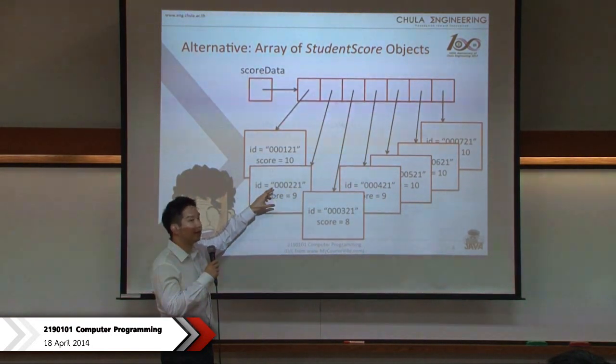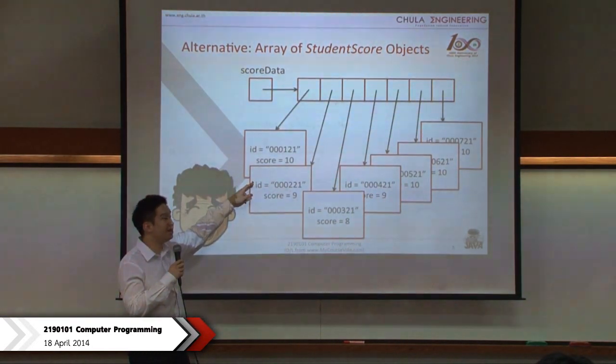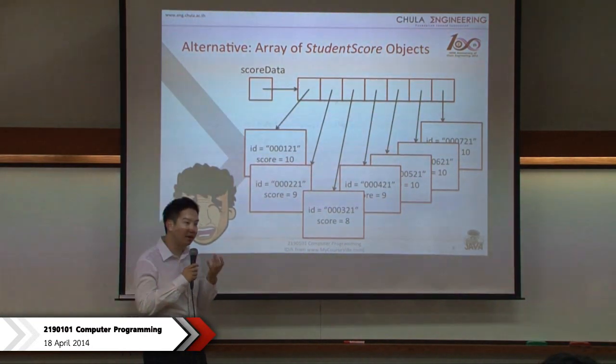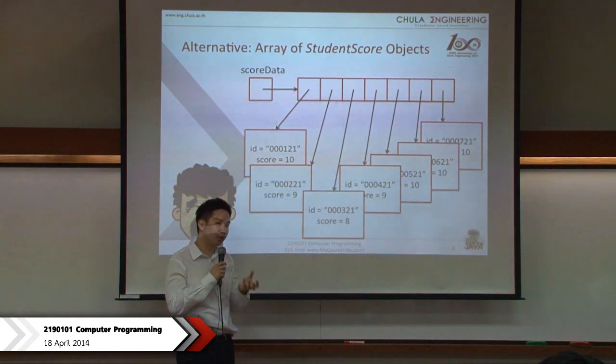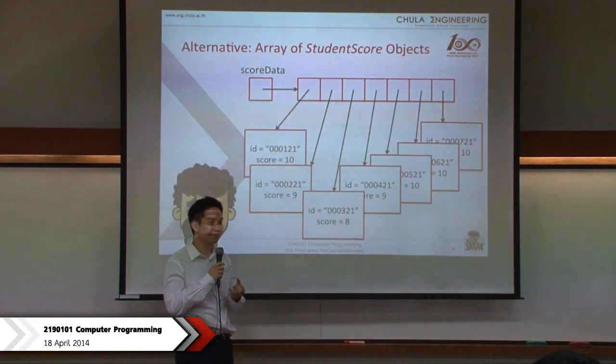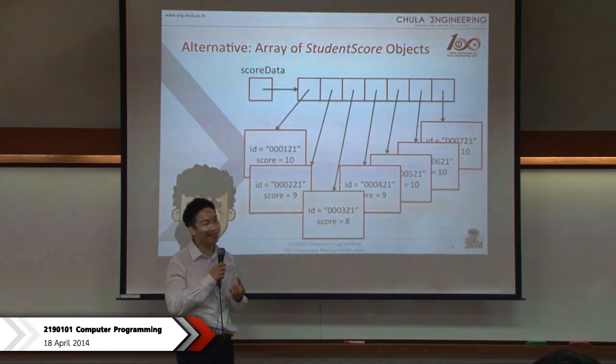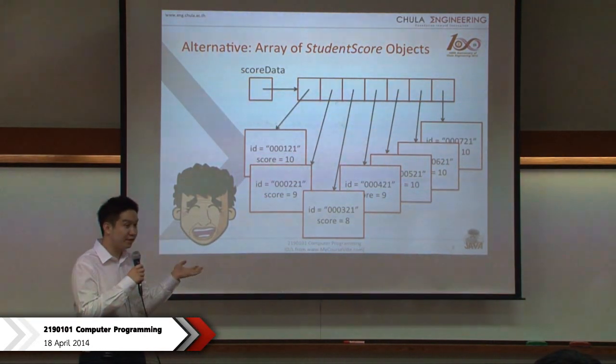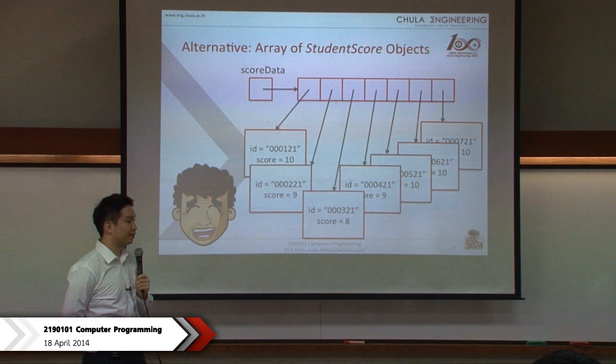An object of what? An object that's composed of ID and score. Do you think this is now a lot easier to store the student's exam score? I'm not asking you guys to smile. I'm asking if it's now better compared to the previous solution where we had two arrays.